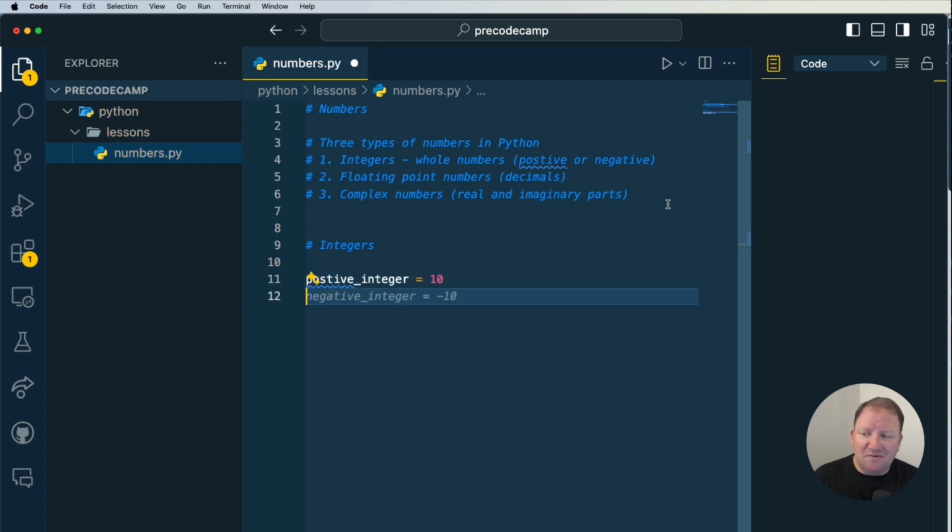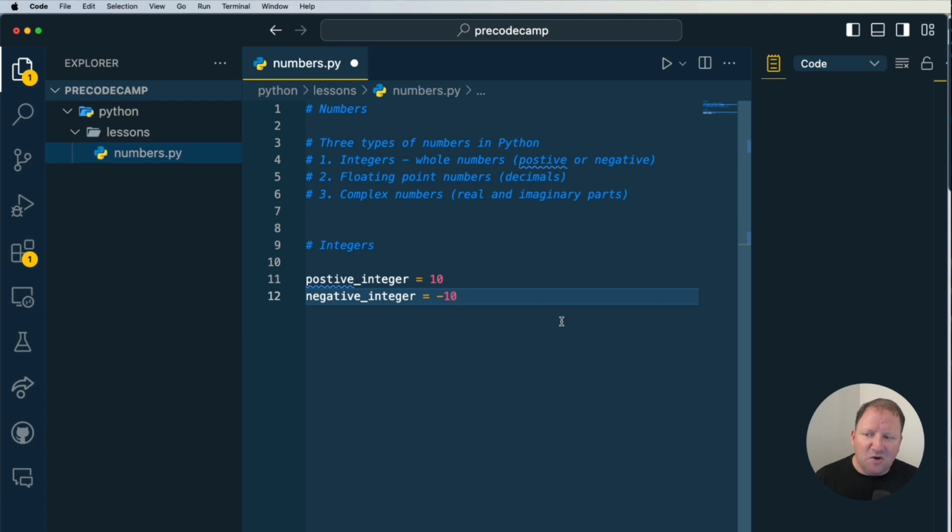We'll do a negative integer, and that's how we can represent a negative number, which is just a minus sign in front of the number. So again, integers, they're precise. There's absolutely no inaccuracy when representing whole numbers, but they can also represent large numbers as well, and we are only limited by the machine's memory whenever we're utilizing these.